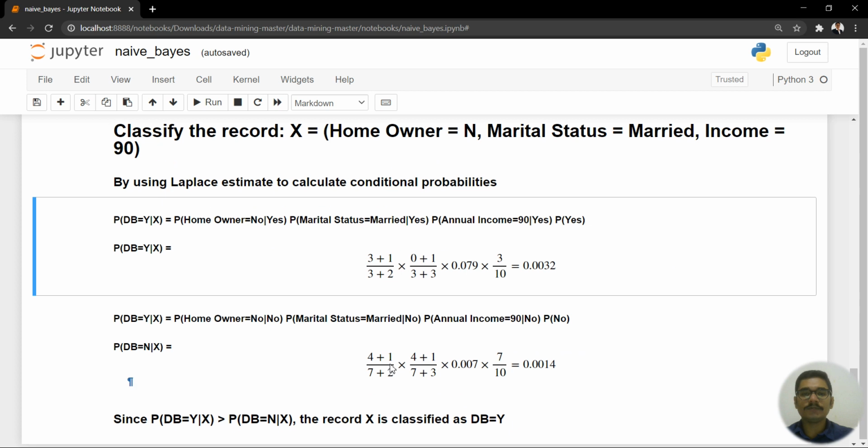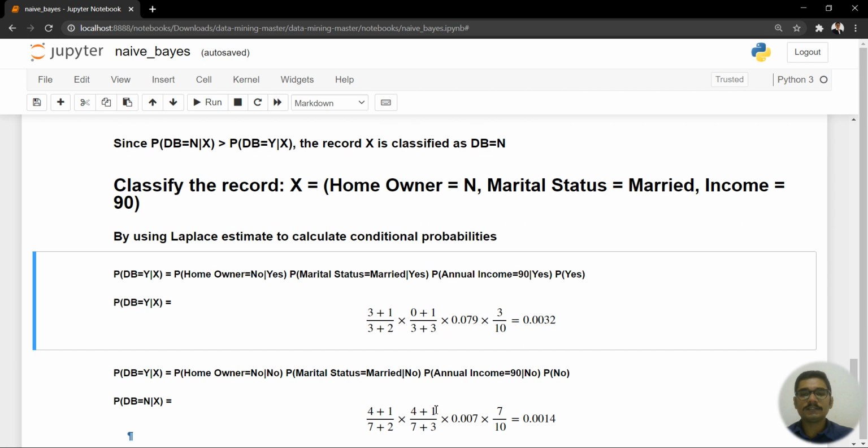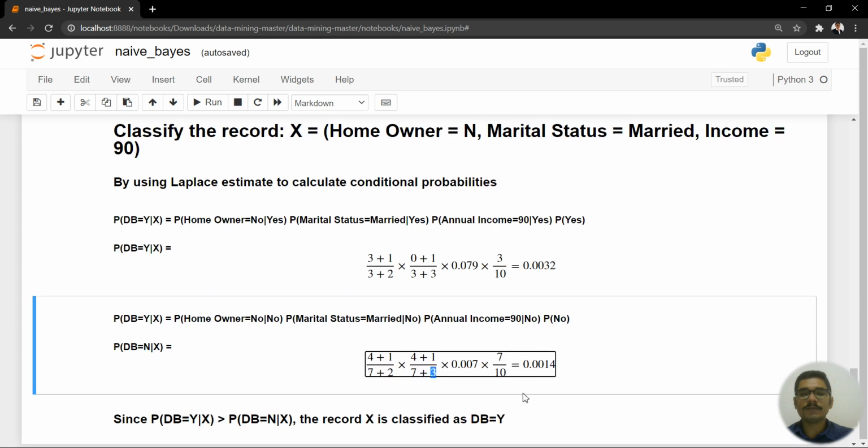You add a 1 to the numerator and a 2 to the denominator. Here the same thing, plus 1, just here you have to add 3, and multiply by 0.07 into 7 by 10. You estimate the probability. Now when you compare, the probability of the yes class turns out to be greater than that of the no class, and therefore it is classified as yes.